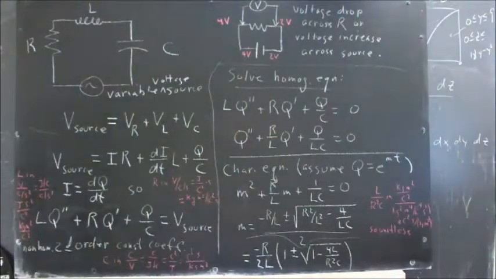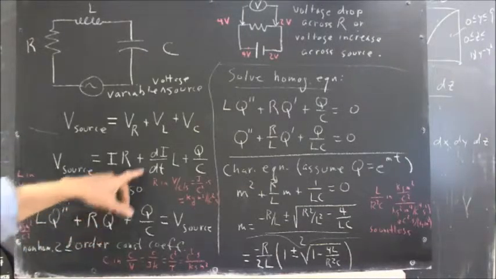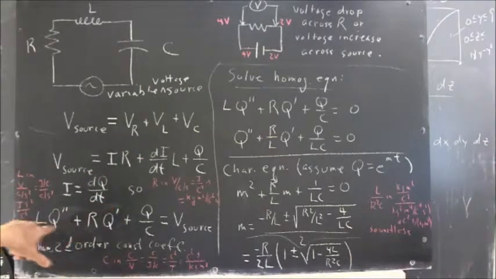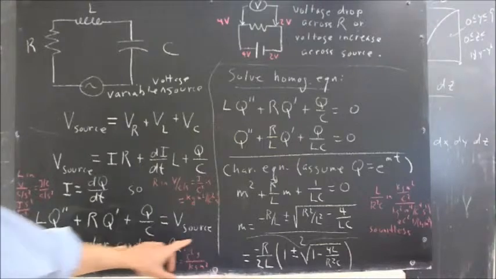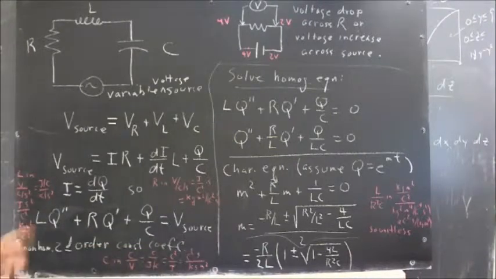Now, it might be a little hard to read what I've written here, but the camera sometimes enhances what we've got. L has units of what? Well, if you look at L, L times Q double prime has to have the units of voltage. So L has to have units of voltage over units of Q double prime. Q is charge. Q prime will be charge per unit of time.